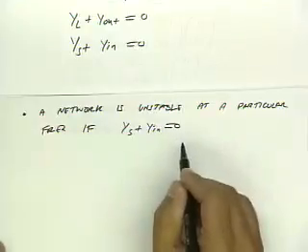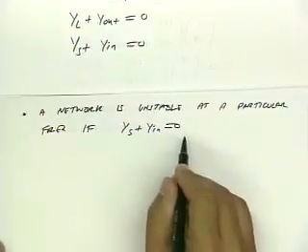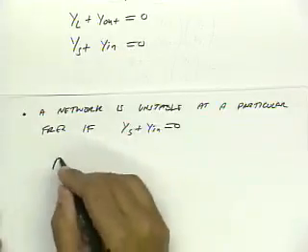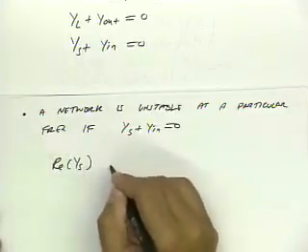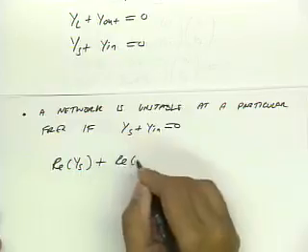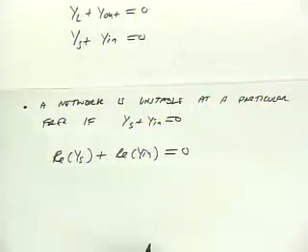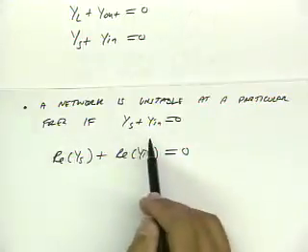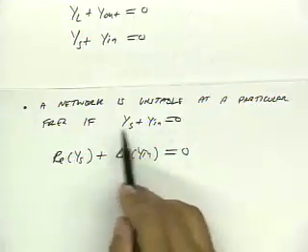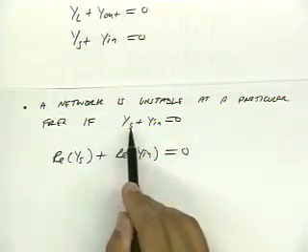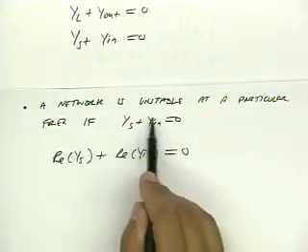Now, this condition has to be satisfied for both the real part and the imaginary part. So in particular, if this is the condition for the real part, the imaginary part is trivial, right? I can always make the imaginary part of this equal to 0 by picking the source imaginary part to be the negative of this part.